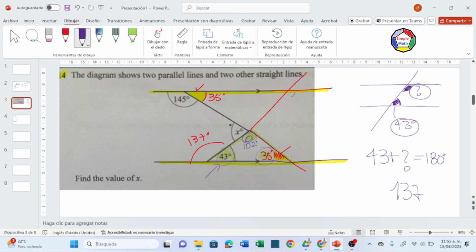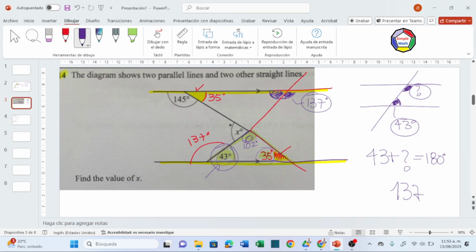That in my picture is this angle. You see? This angle is co-interior with this one. Okay? So the measurement of this one is 137 degrees. And guess what? These two angles are supplementary. So what is missing to 137 with this one, they will add up to 180 degrees.